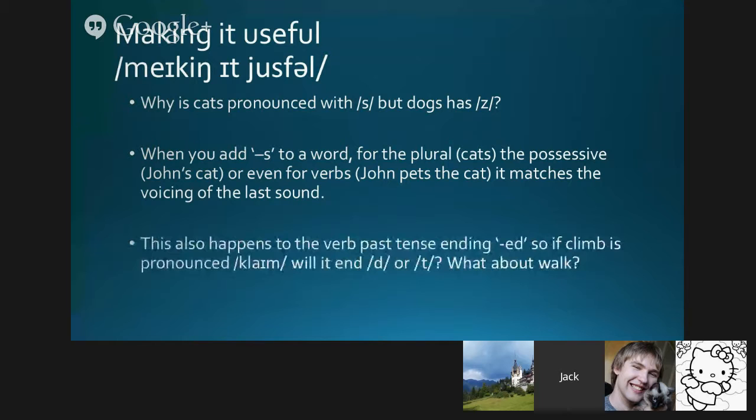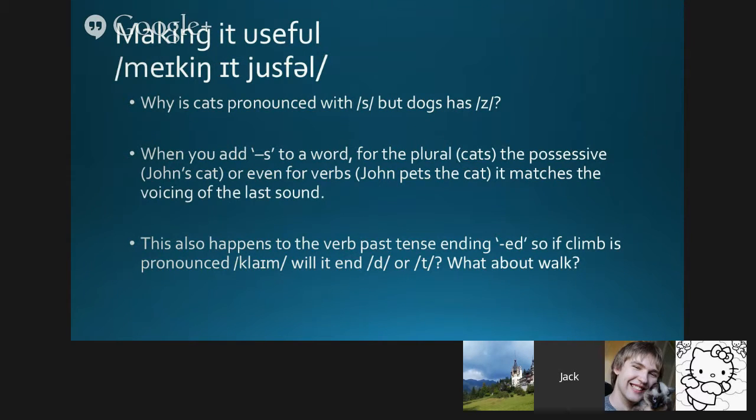This also works for the past tense, the d ending. If climb is pronounced with a voiced sound at the end, which do you think it will end with? D or t? It'll end in d. Whereas walk, ending in the voiceless k, will be walked with a t at the end.